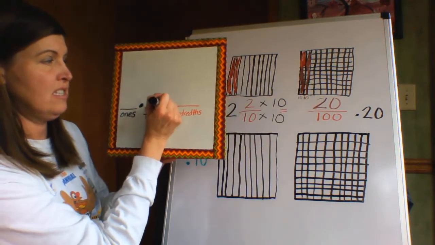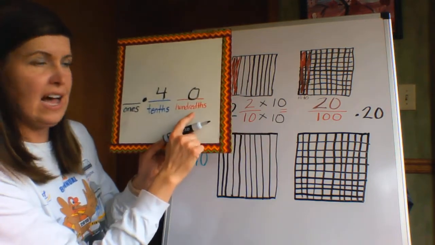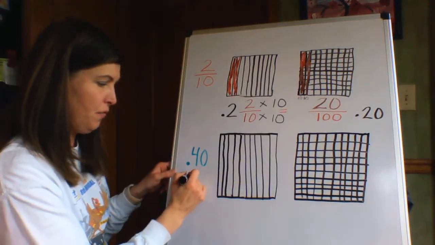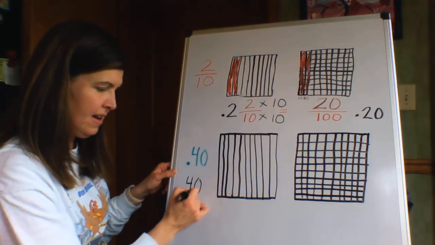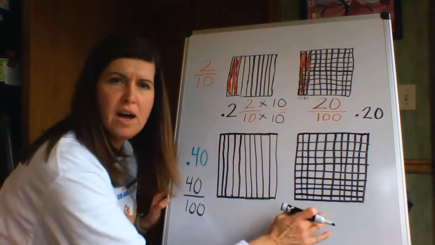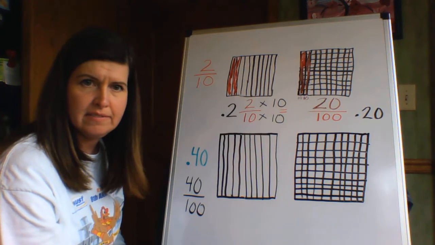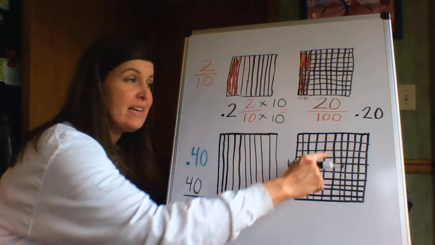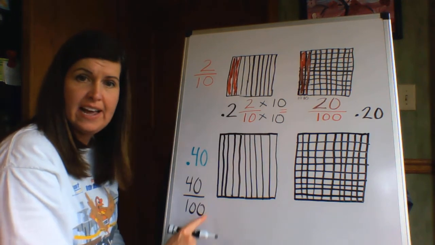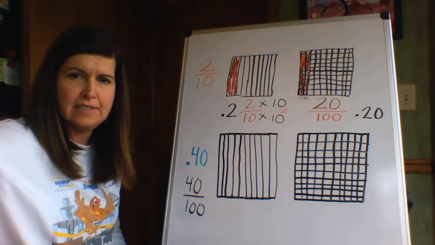We would say it's 40 hundredths because that's where we're ending in our place value. So 40 hundredths. Which model are we going to color in? This one, because this has 100 pieces and we're going to color in 40 out of 100 pieces.